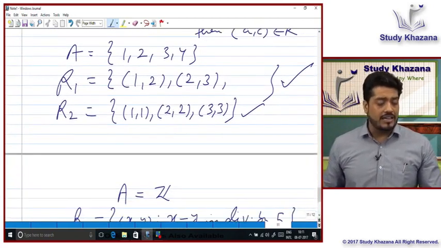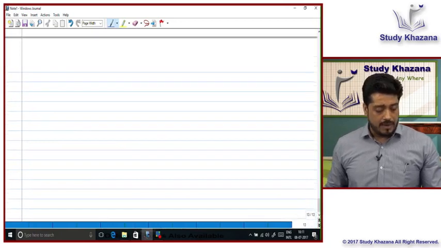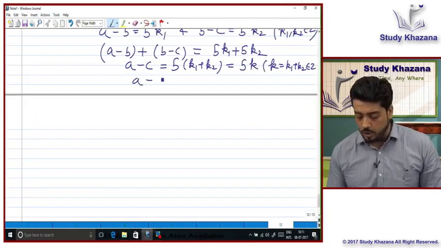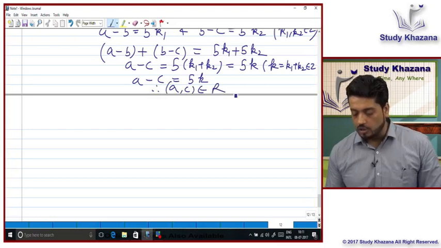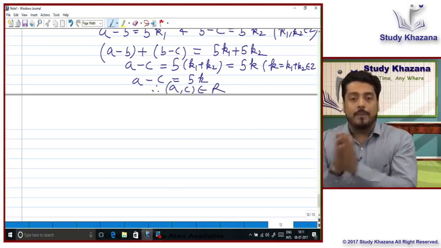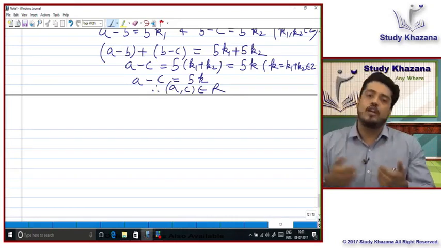Why? Because ultimately I have shown that a minus c is also a multiple of 5. Therefore (a, c) again belongs to R. So this is my requirement for transitivity: if (a, b) belongs to R and (b, c) belongs to R, then the conclusion is that (a, c) also belongs to R.